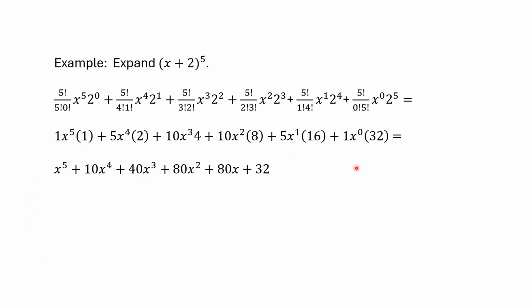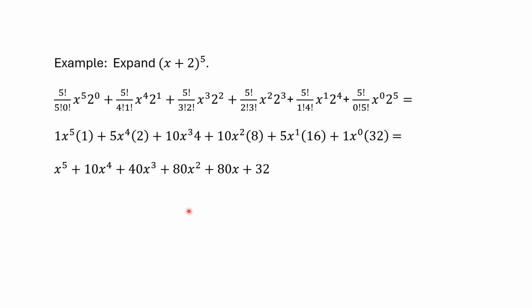So just cleaning up the notation and not showing the multiplications by 1 or the 0 exponent, we got x to the 5th plus 5 times 2, 10, 10x to the 4th plus 10 times 4, 40x cubed plus 10 times 8, 80x squared, 5 times 16, 80x, and 32.